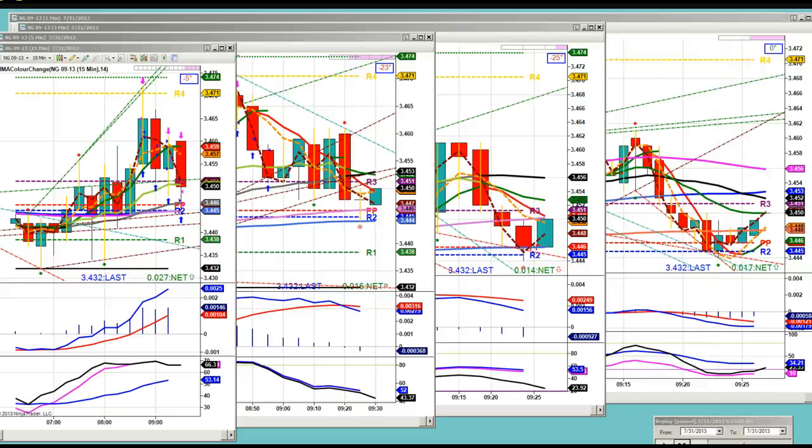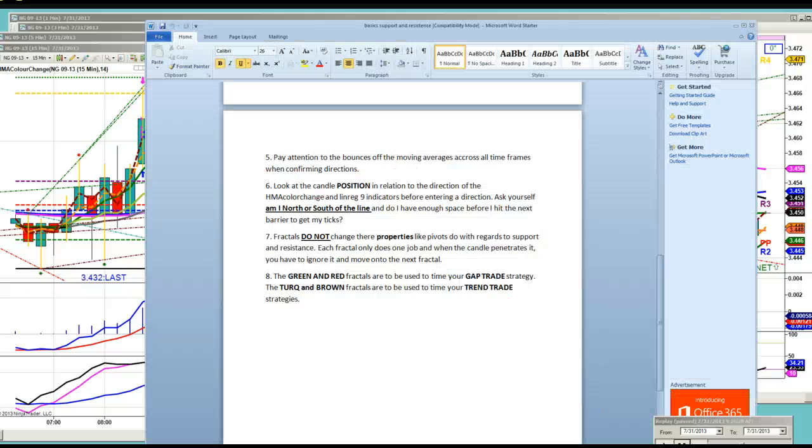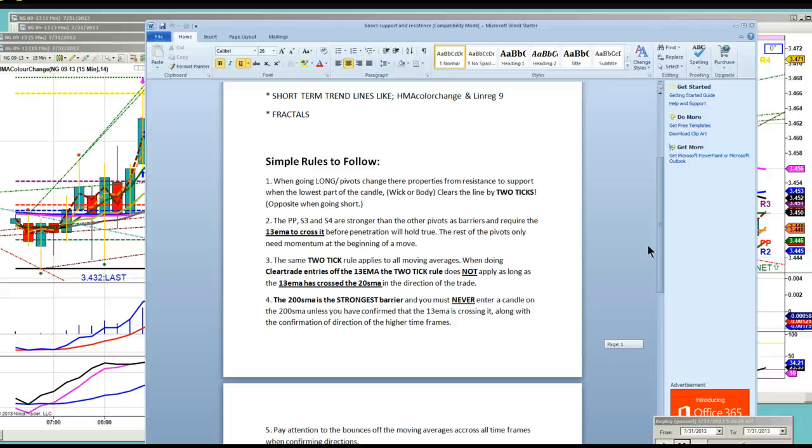And remember, on our basics of support and resistance rule that we did in the last classes, the rule is you must clear the line by 2 ticks from the lowest part of the candle, or the highest part of the candle, depending on the direction you're going.